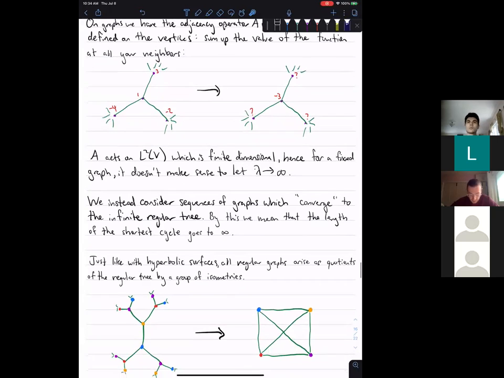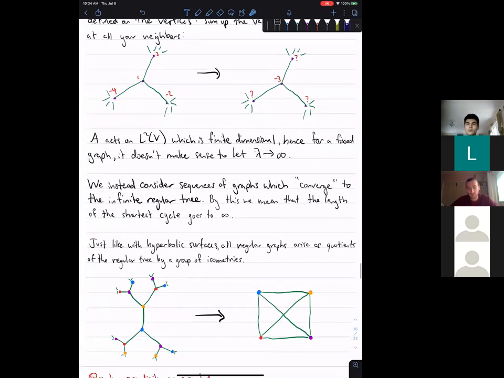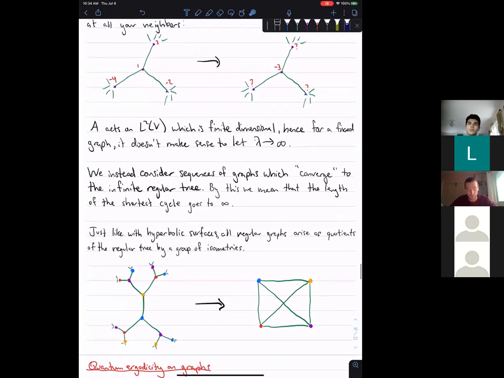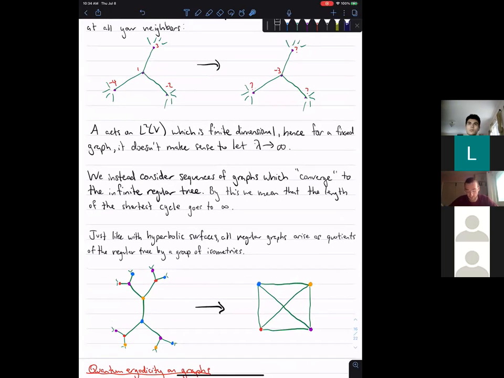So what we instead consider are sequences of graphs which converge in an appropriate sense to the infinite regular tree. So what does this convergence mean? Imagine you have these regular graphs getting bigger and bigger, and the way you're measuring the convergence is whether or not the length of the shortest loop in your graph goes to infinity.